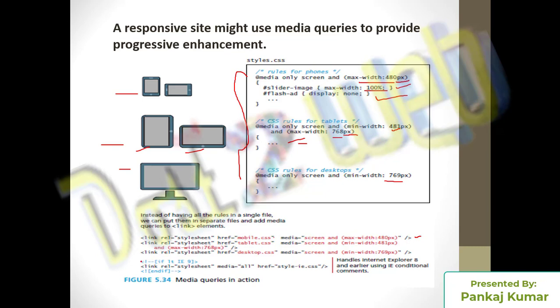And there is also the conditional comment if LT IE 9, meaning Internet Explorer less than version 9, which will by default take the style sheet rule from this. That is the way of your responsive design with the help of media queries.